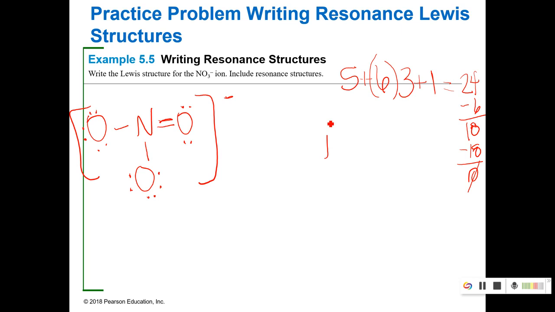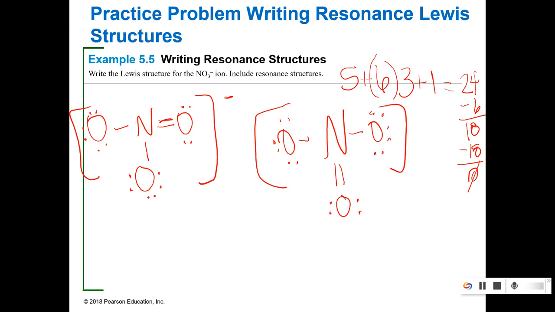Now, what's to say I could not have done a double bond like this? And there's nothing to say I couldn't do that. Or a double bond on the far left oxygen. The key is something like this has 1 double bonded oxygen and 2 single bonded oxygens.